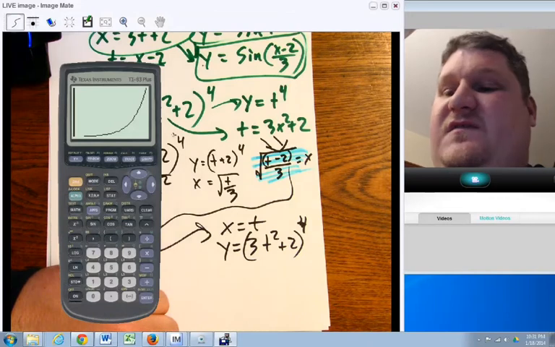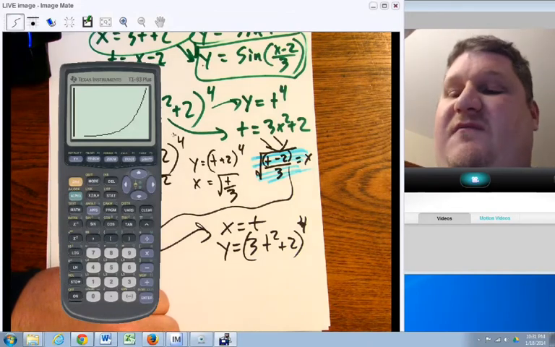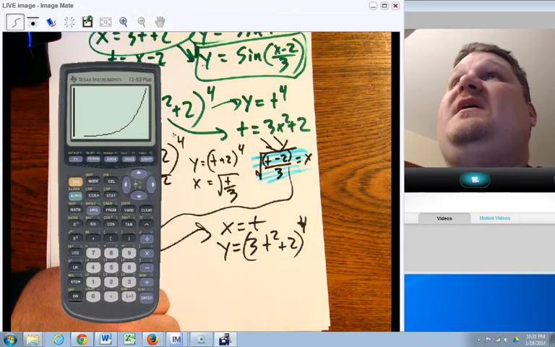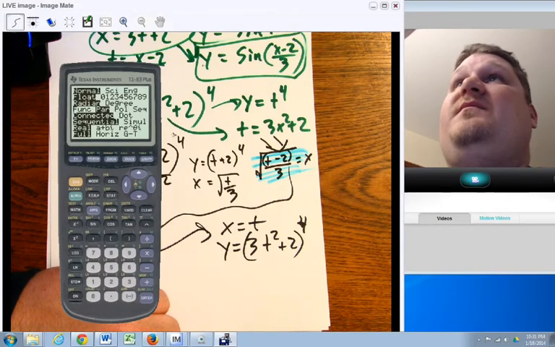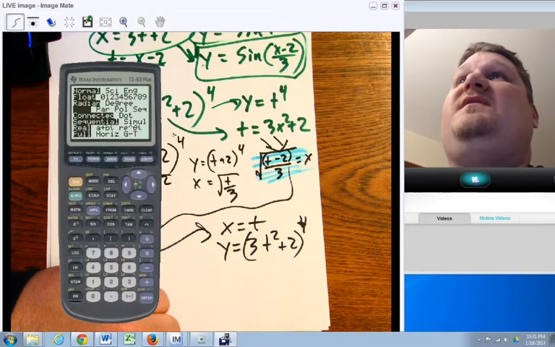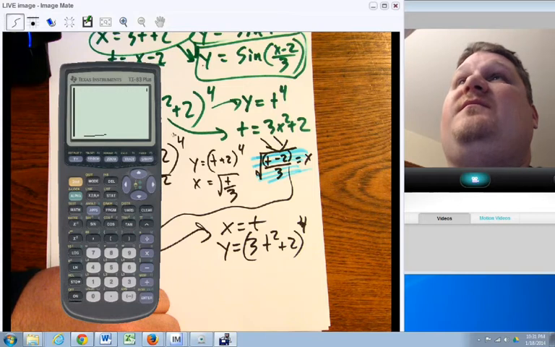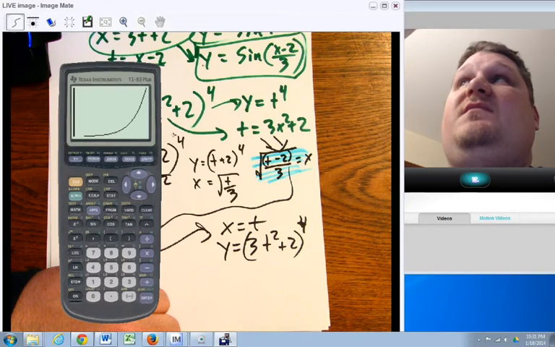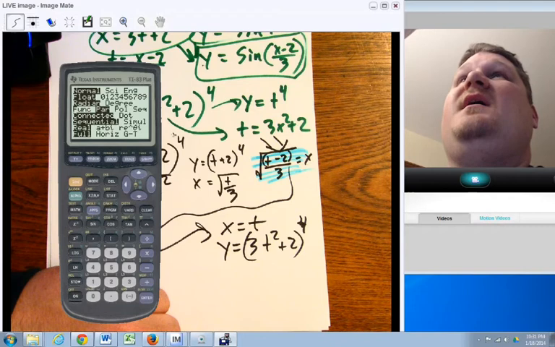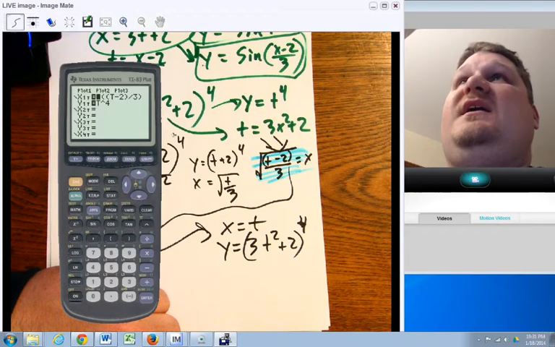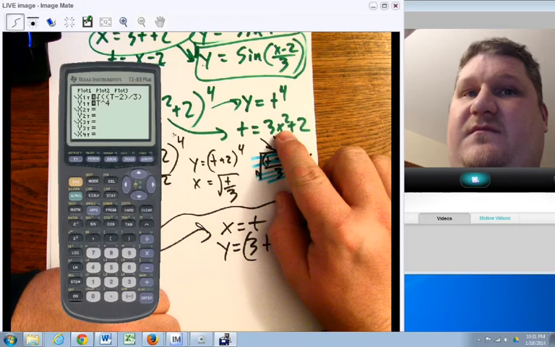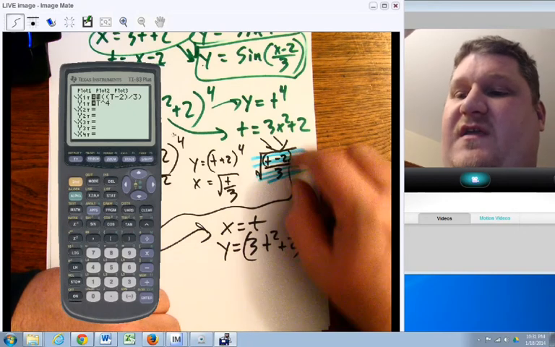All right, ladies and gentlemen, through the magic of television, now we have one more example. If we take our mode and we use our mode to go back to function, we graphed this in function mode. Now, just to show you that it matches, let's go to mode, parametric, and y equals, I've taken this equation and solved it for x, so that now I have a y and an x.